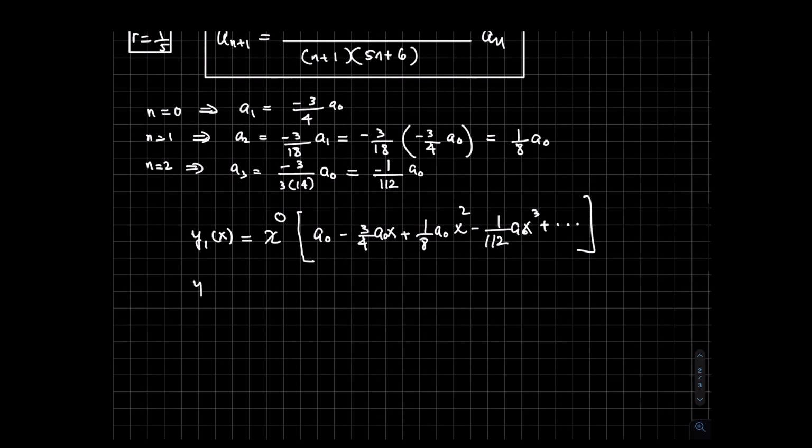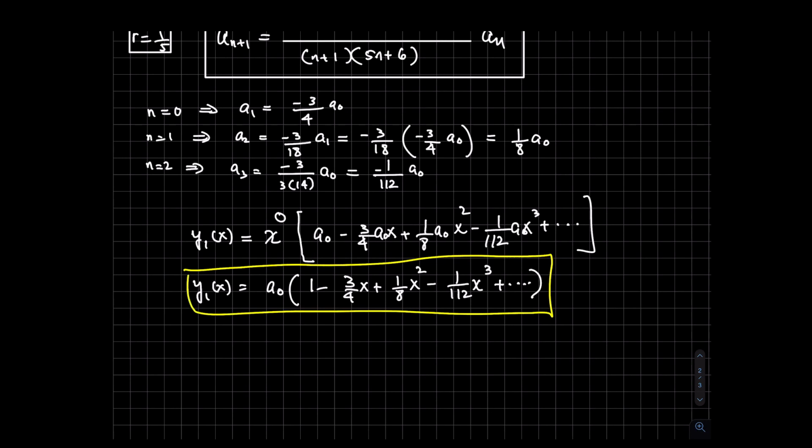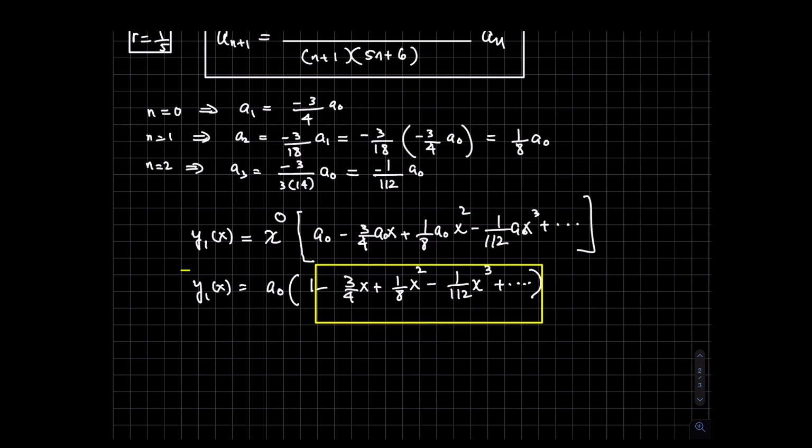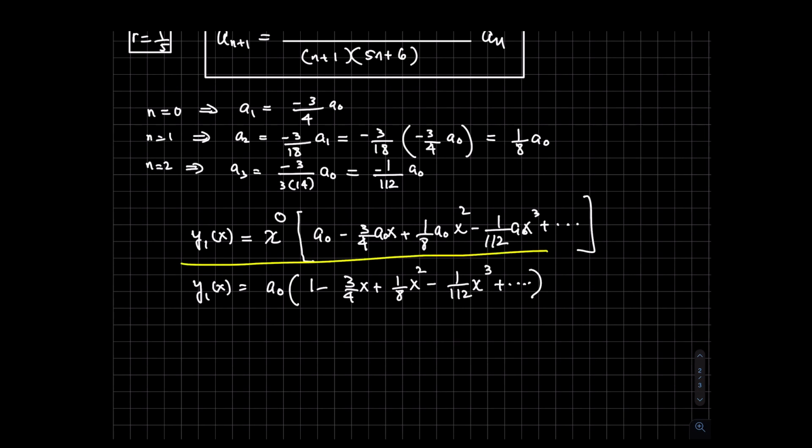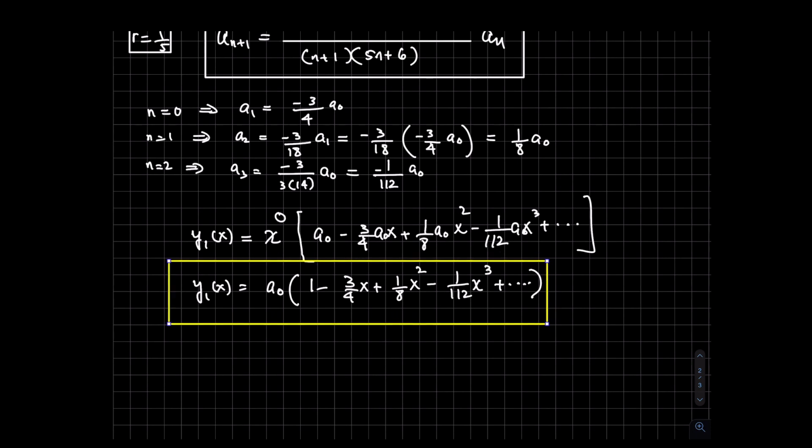So then I can actually write my first solution as a naught times (1 minus 3/4 x plus 1/8 x squared minus 1/112 x cubed plus so on), and there is my solution. So at least a part of it, first one. There you go. So there's my first solution.